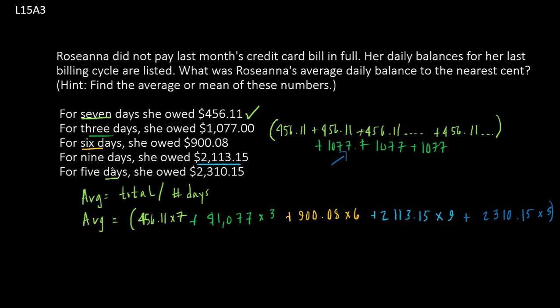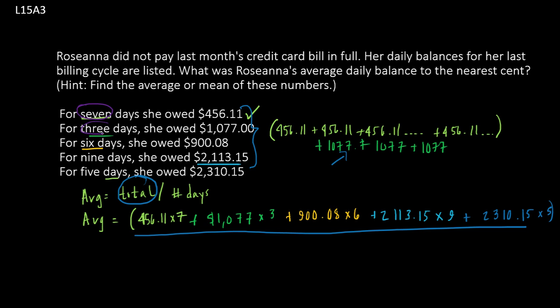So this whole statement is my numerator. It's my total. Now I divide my total by the total number of days. Now again, you might be tempted to just say there are 5, so the total number of days is 5, but we have to count these individually. So we say, what's 7 plus 3 plus 6 plus 9 plus 5? And the answer is 30.